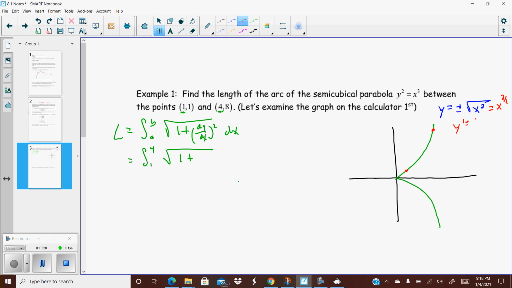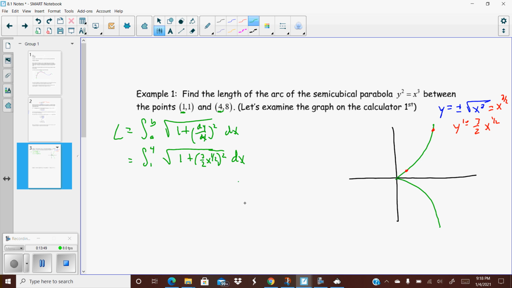So the derivative of that is going to be 3/2 x to the 1/2 power. So I'm going to have 3/2 x to the 1/2 power squared. Don't forget the square.